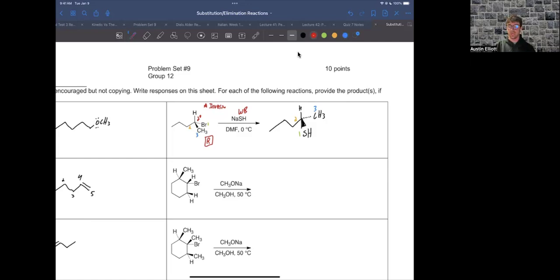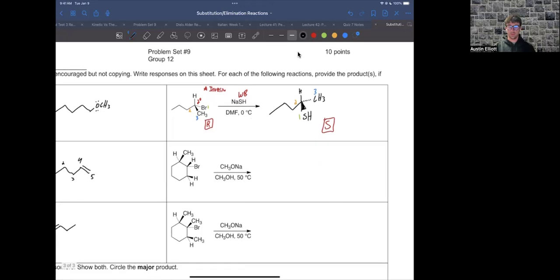If we do our rotation, whatever works for you to figure out R and S, this one's going to give us S. That's pretty much all that you have to do with this one. Substitution itself is some of the easier reactions, but just don't forget that with SN2, inversion can occur.